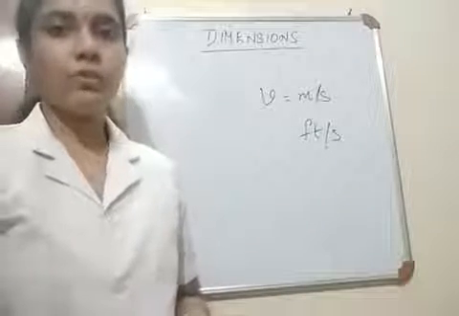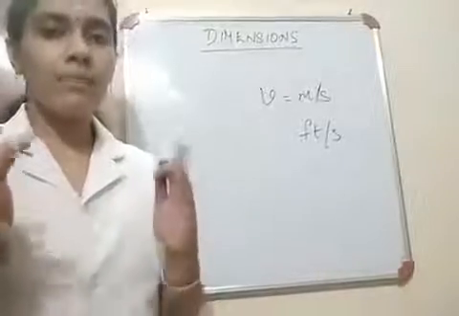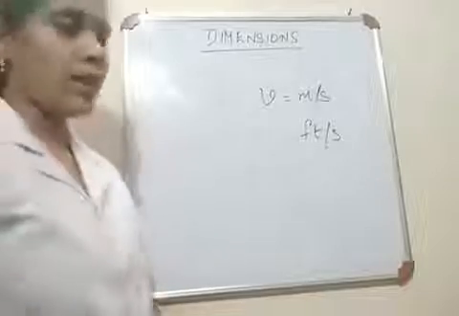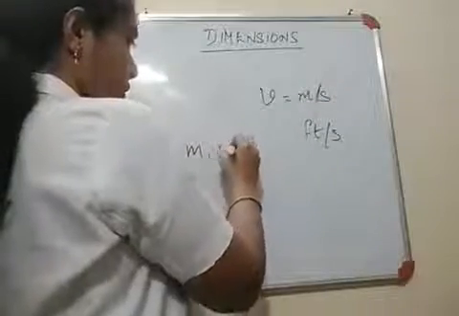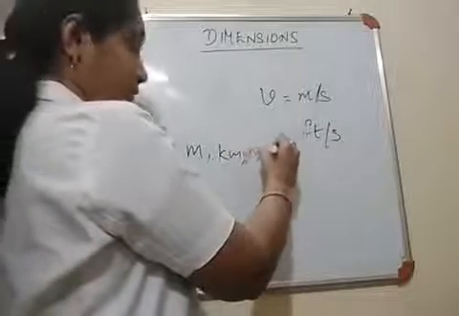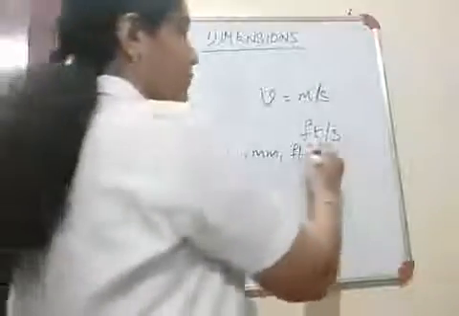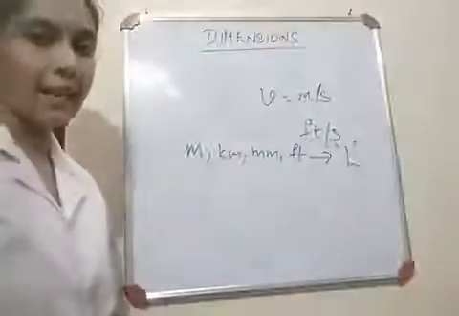So what can we do? We can create common symbols for these units. For example, for meter, kilometer, millimeter or feet, for all these measurements, we can put a common symbol, that is L.